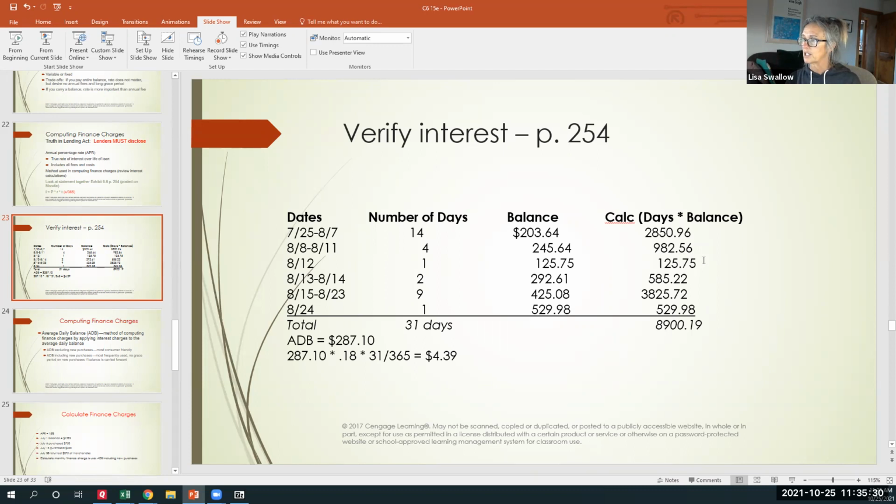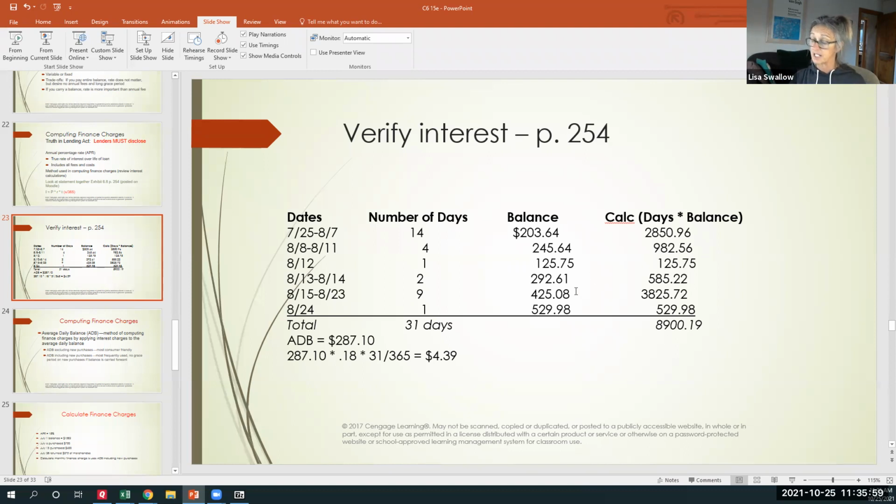So it's $125.75 for one day, and then on the 13th they buy the Hacienda Motors. So it's $125.75 and add back that $166.86. So now I'm at $292.61. It's like that on the 13th and on the 14th, so for 2 days. And then on the 15th, I make a purchase at Rocco's Restaurant for another $132.47.